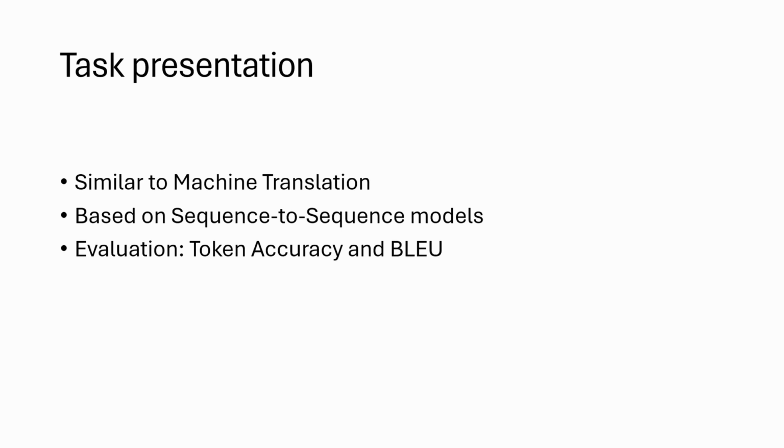For evaluation, things are inherited from that machine translation task. The metrics used are usually the token accuracy, which is pretty straightforward, as well as the BLEU score, which in short depends on the context of the generated text.